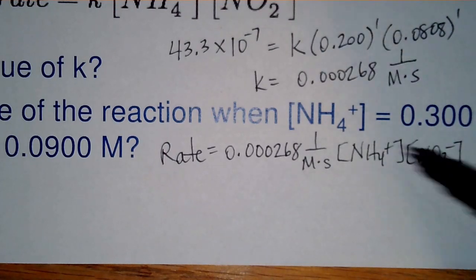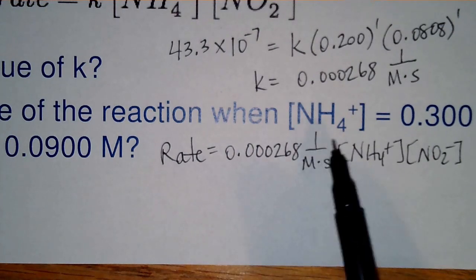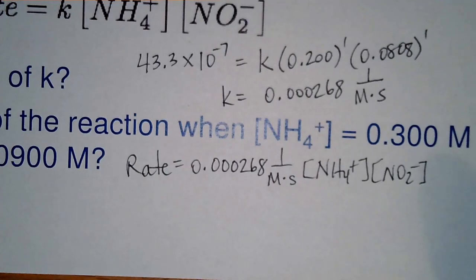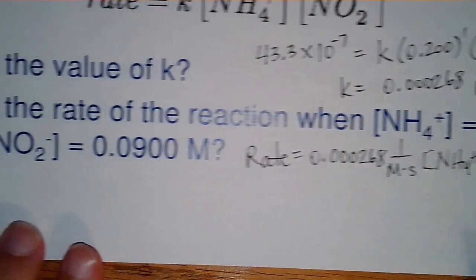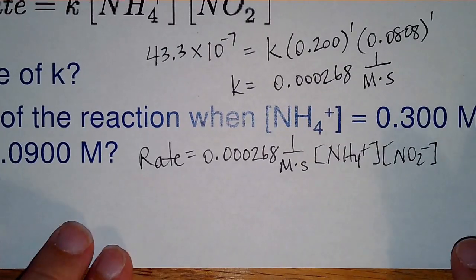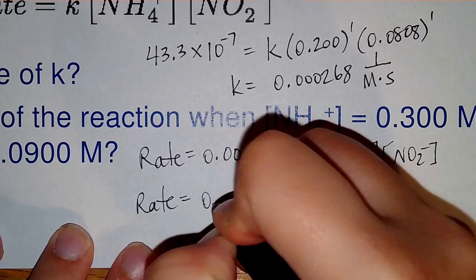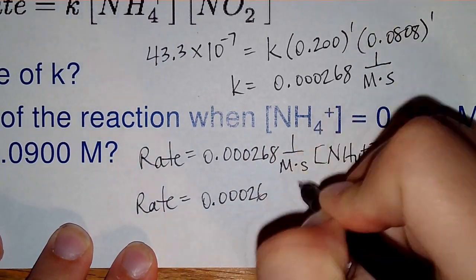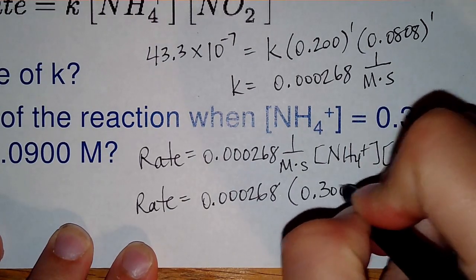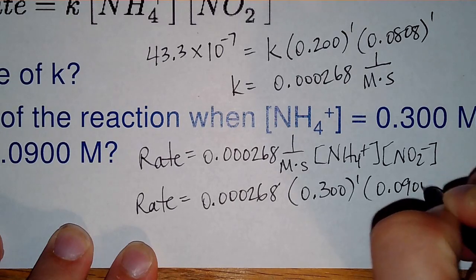So what is the rate of the reaction when NH4 plus is 0.3 molar and NO2 minus is 0.09? So we're going to fill in those values, solving for rate. 0.3 to the first times 0.09 to the first.